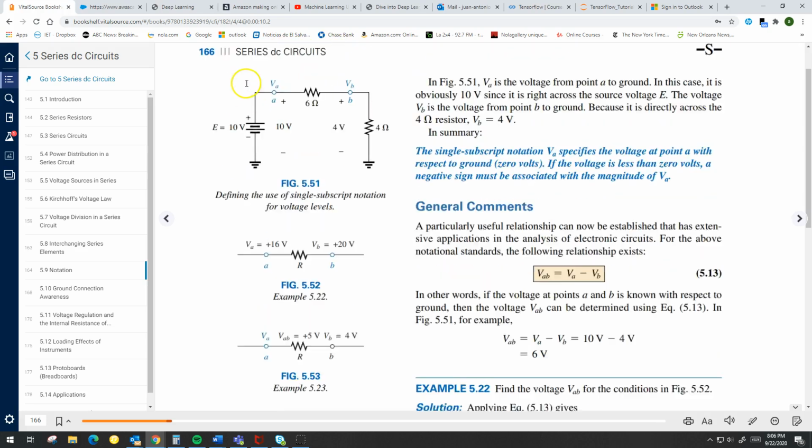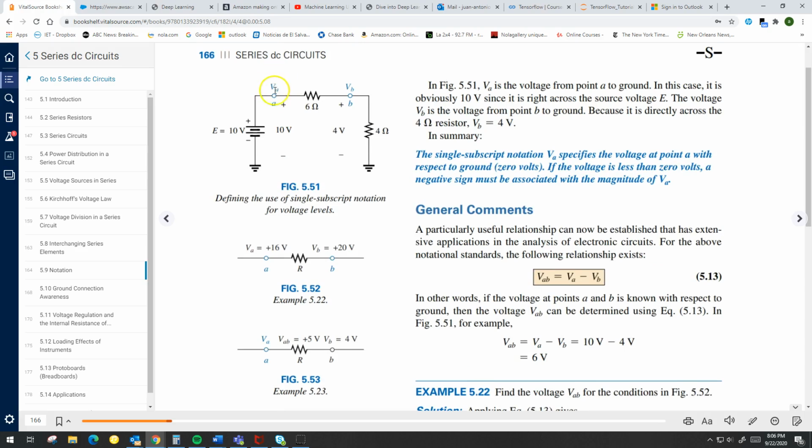Because I know the voltage at this point is 10, and the voltage at this point is 4. So the difference between them is 6 volts. So the voltage across this 6 ohm resistance is 6 volts. See? All right, make sure you understand that.